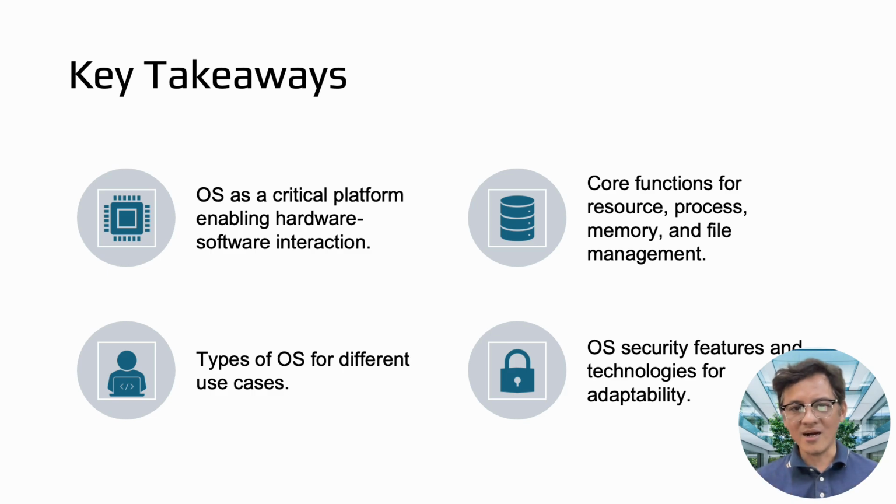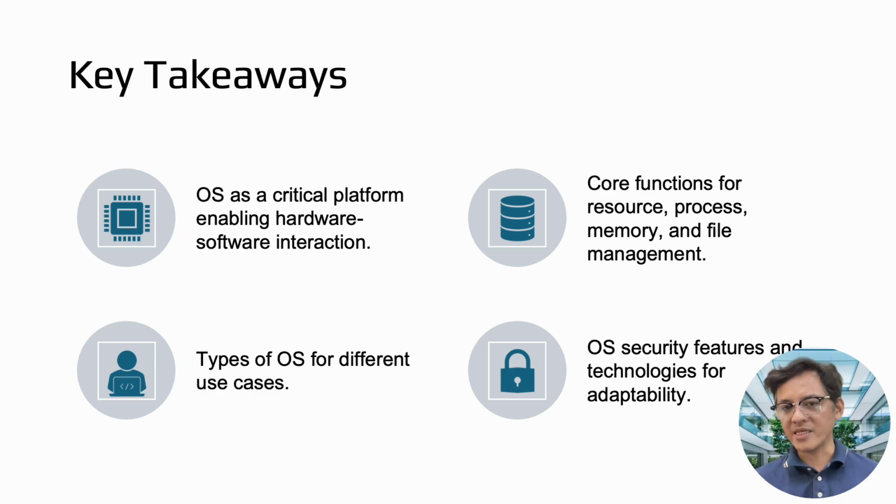Let's wrap things up with some key takeaways from today's discussion. 1. Operating systems are the essential platforms that enable hardware and software to interact seamlessly. 2. They perform critical functions like resource management, process handling, memory allocation, and user interface provision. 3.